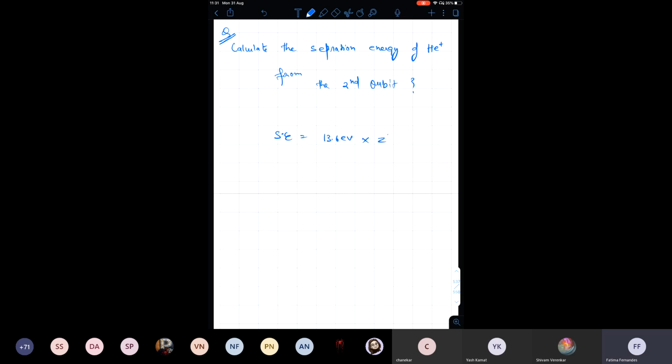So it is very simple. Orbit will be given to you. Ion will be given to you. Apply the formula z square by n square. That will be the answer.